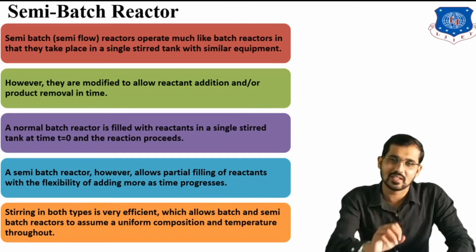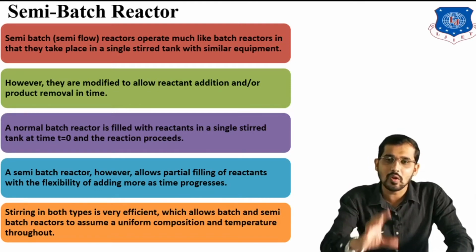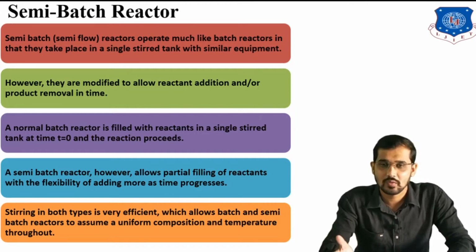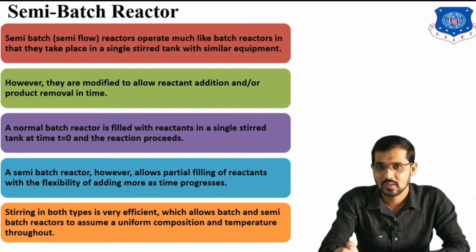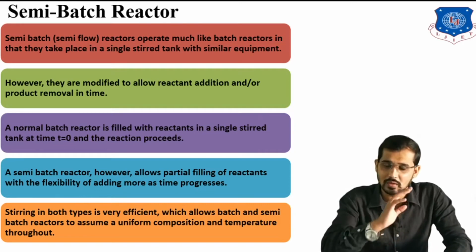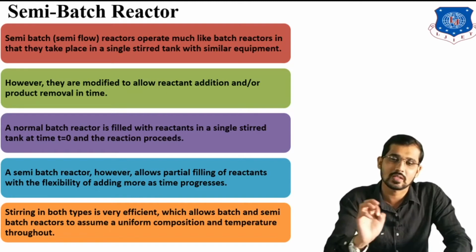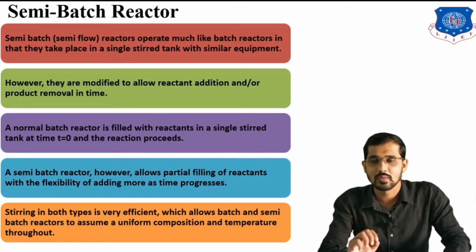Means whatever reactants are available, we provide all those reactants in the initial stage. We cannot put anything during the reaction. This is a major part of the batch reactor. So at t equal to 0, whatever reactants are available, just feed all those reactants in the vessel. Okay, so this is the meaning of this third point.